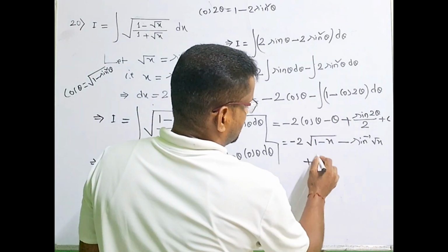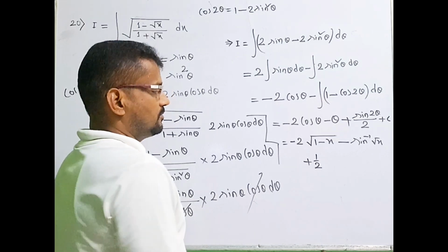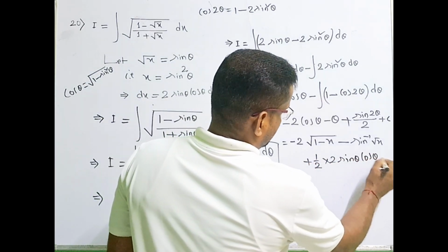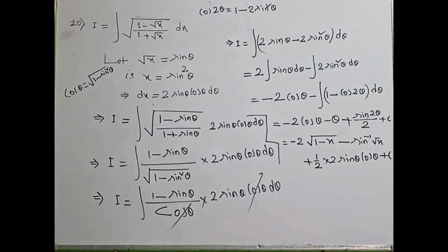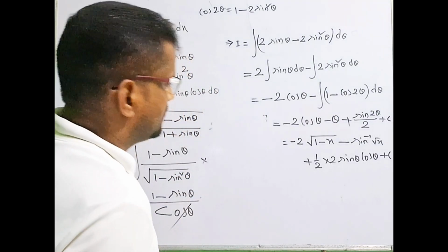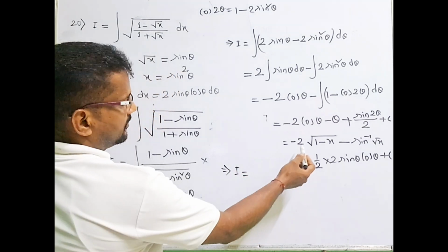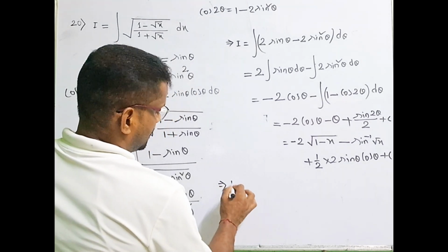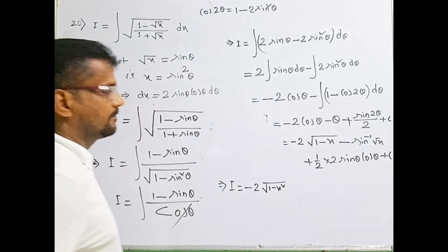This one you see plus 1 by 2 sine of twice theta. So sine of twice theta you can write as 2 sine theta cos theta, plus c. Let me write here. Then here you will get what? This implies finally I equals, almost you have obtained the value of I, minus twice root over 1 minus x square.